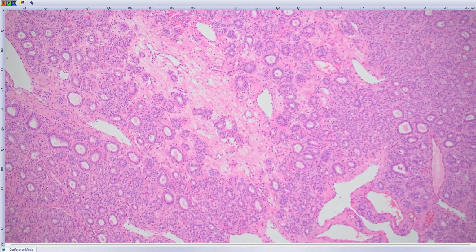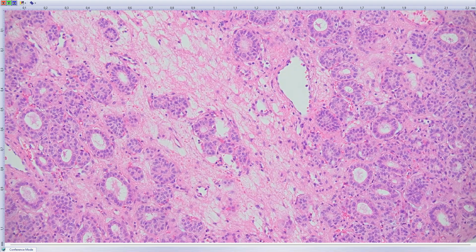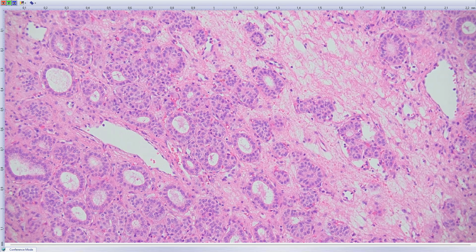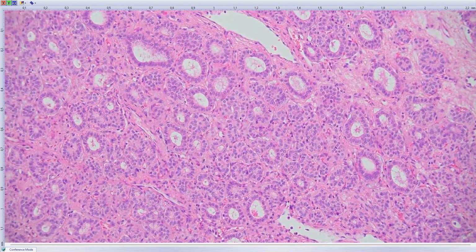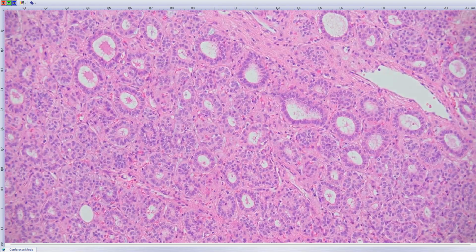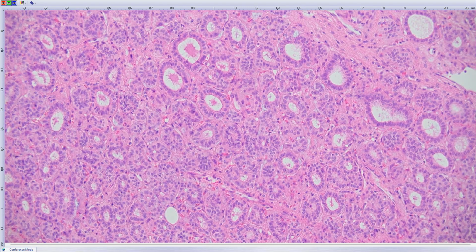So you can see that the tumor is composed of ductal structures. Some ducts are, yes, of course, it's positive. So there was a proposal, IDH mutation. In this case, there was an IDH2 gene mutation. So the diagnosis is straightforward.